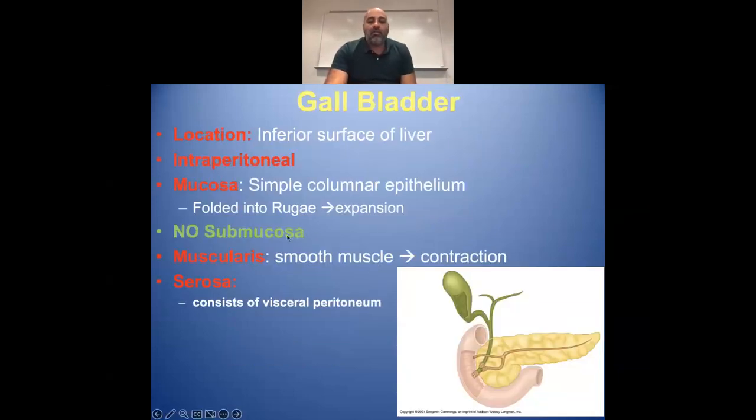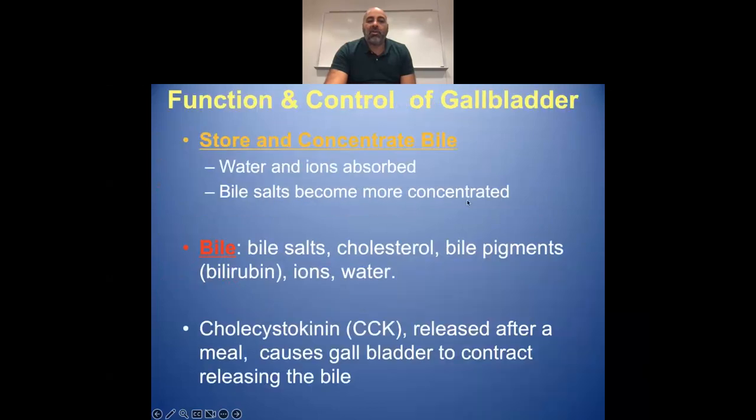All right, gallbladder. He really doesn't do anything unique other than concentrate bile. There's really no uniqueness in here other than no submucosa. He just reabsorbs water to concentrate bile. So concentration of bile, that's reabsorbing water and ions out of there. We're just making a concentrate. What is bile made up of?